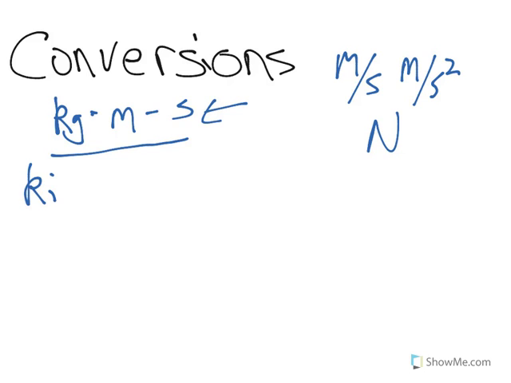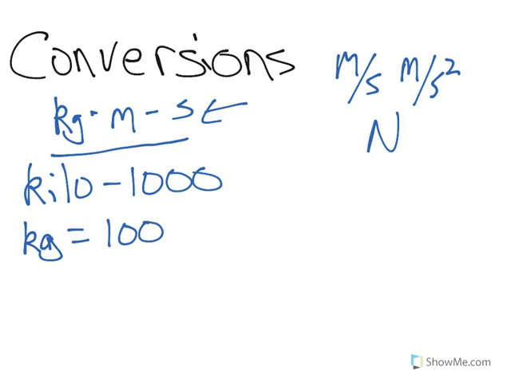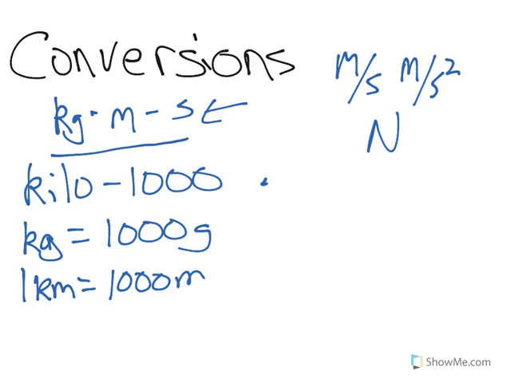First of all, the word kilo stands for 1,000. So a kilogram is equal to 1,000 grams, and 1 kilometer is 1,000 meters. If you have 50 grams, a common conversion, you have to get that into kilograms.